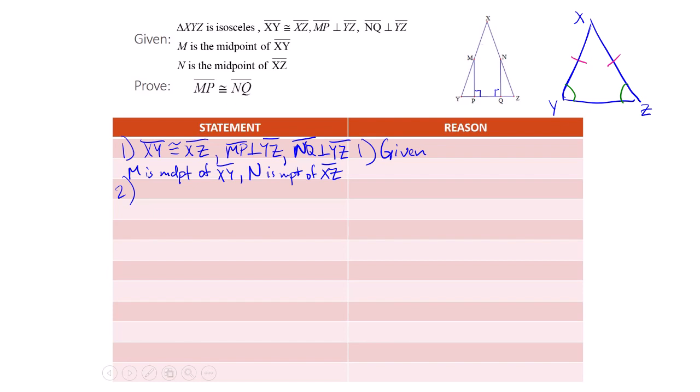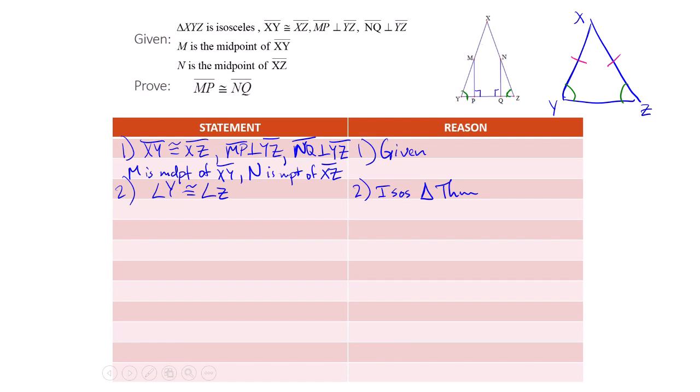And so that means angle Y must be congruent with angle Z. Oops, I said Y but wrote X. Angle Y must be congruent with angle Z. And the reason why is because of the isosceles triangle theorem. I have it on the big triangle here, but I'm going to write it into the smaller triangle as well.